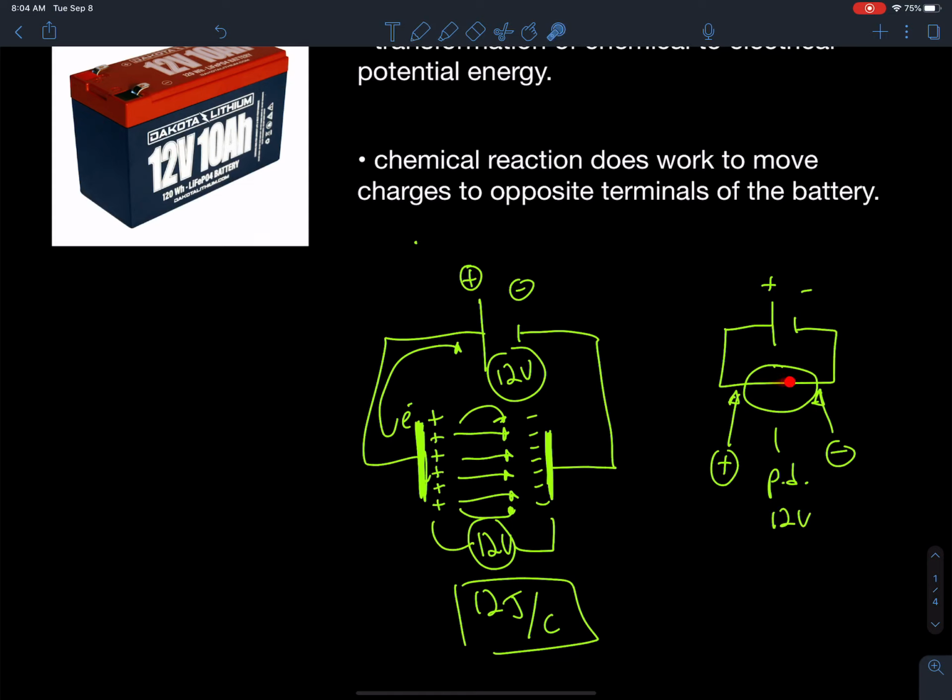So from here to here, I would have a potential difference of 12 volts, and the charges inside the wire would feel that potential difference. They would see this electric field, and the charges would be forced to move because of that potential difference. It's something that we practiced in the last video.